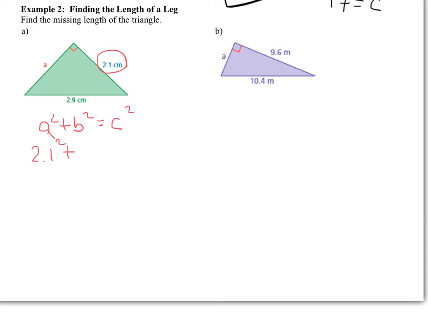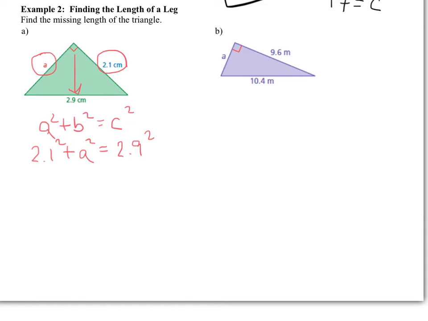Over here, the other leg we don't have. I'm going to leave that as a squared now. And then what we do have here is 2.9, which is our hypotenuse squared. So what we have to notice here is that these numbers are on opposite sides from the other ones that we did, where they were all the same. So you're not always going to get both legs and then find the hypotenuse. In this case, we have a hypotenuse and one leg, and we're going to look to find the other one.